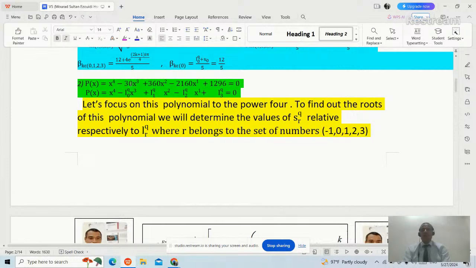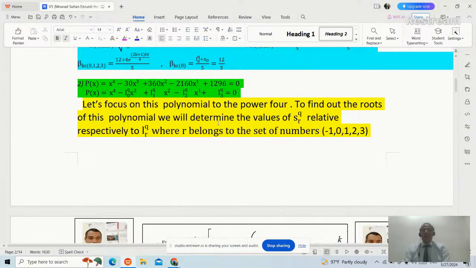Therefore, my polynomial can be written as x raised to the power 4 minus L0 of ODQ x cubed plus L1 of ODQ x squared minus L2 of ODQ times x raised to the power 1 plus L3 of ODQ. Focus here on this polynomial, learners. It's clear that its highest power is 4.